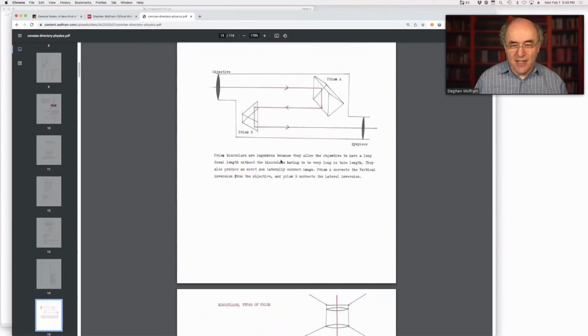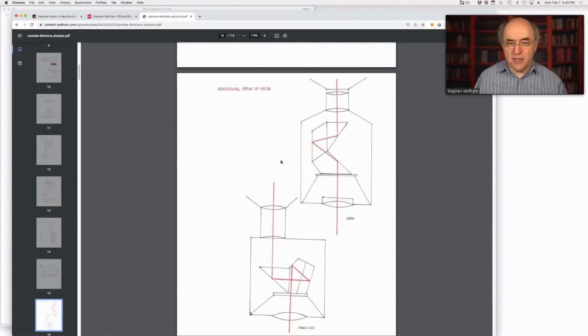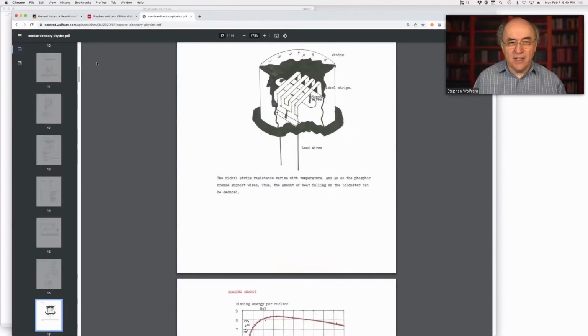But I've been interested in visual presentation of things for a long time, and I consider it an important part of communicating. To me today, there are three pieces of communication: natural language text, English text in my case, computational language, and pictures.